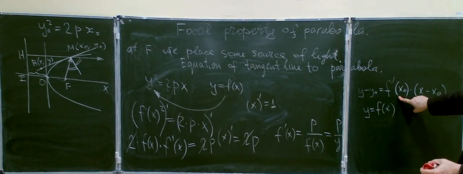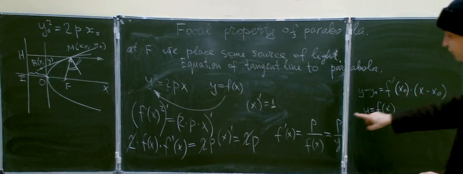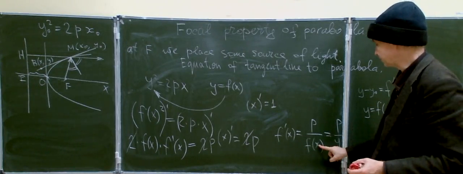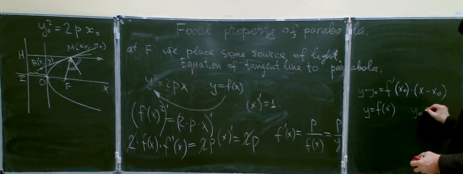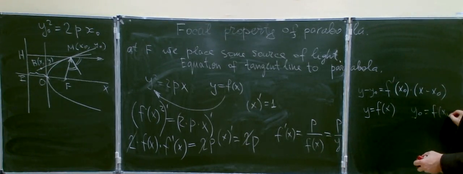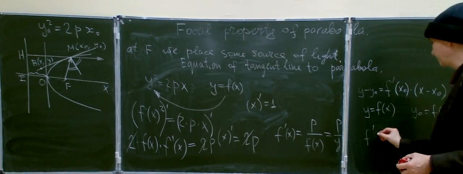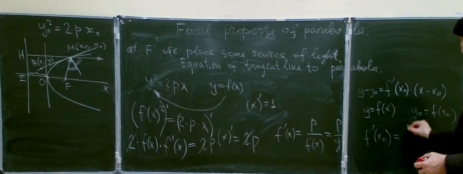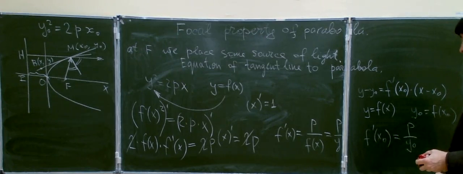In this formula, we need the derivative at the point x, which is equal to x sub 0. Therefore, we need to substitute here the value x sub 0 in place of x, and here also. And therefore, because y sub 0 is f of x sub 0, we derive that f prime of x sub 0 is equal to p over y sub 0.